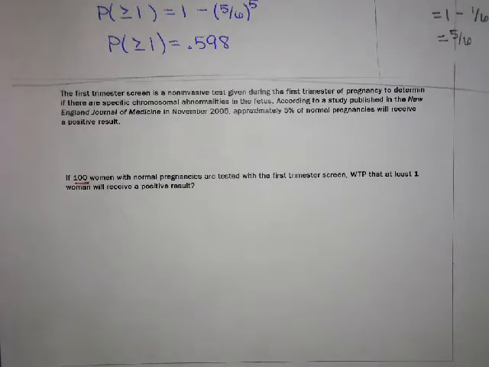According to a study published in the New England Journal of Medicine in November 2005, approximately 5% of normal pregnancies will receive a positive result. If 100 women with normal pregnancies are tested with the first trimester screen, what's the probability that at least one woman will receive a positive result?